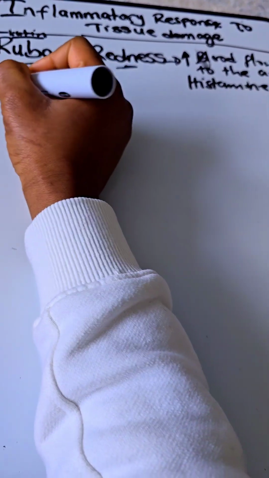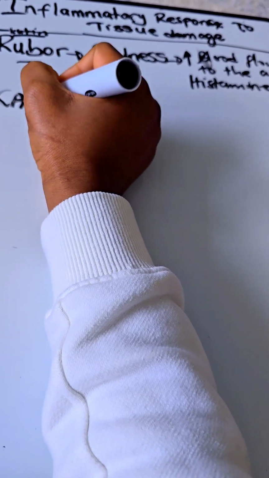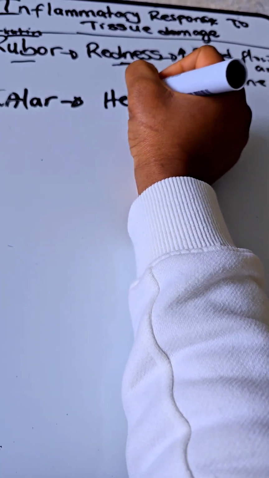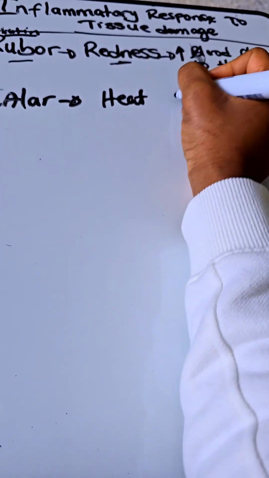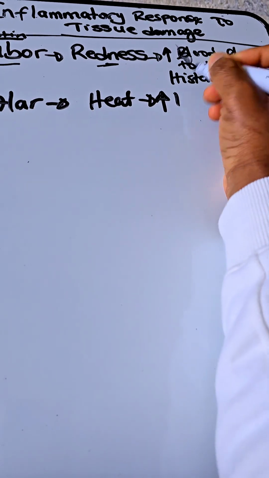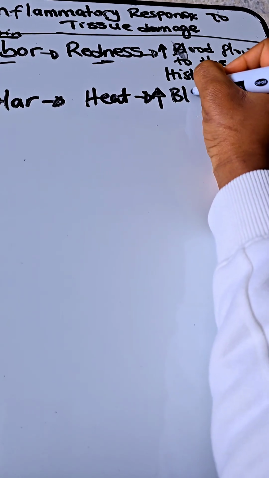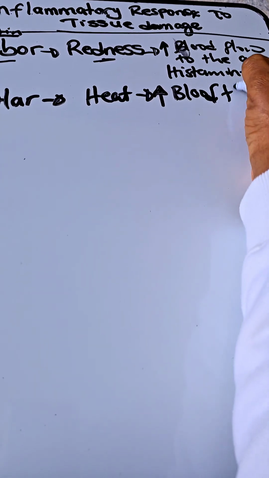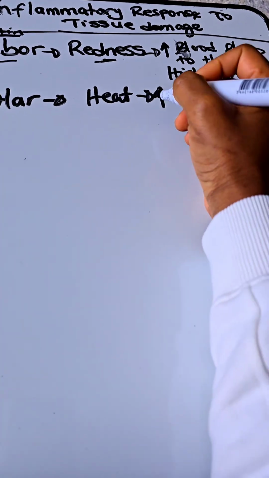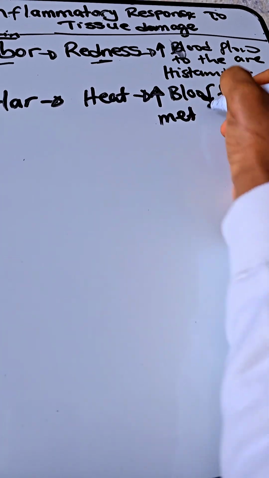Now you will see something also called calor, which indicates heat. Heat in this case will also be the cause of increased blood flow to the area and metabolic activities.